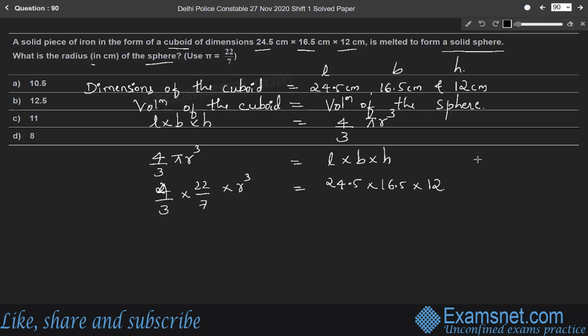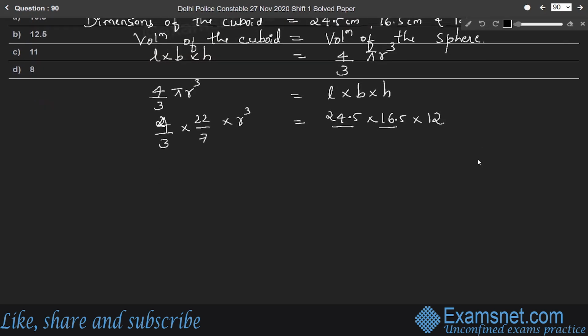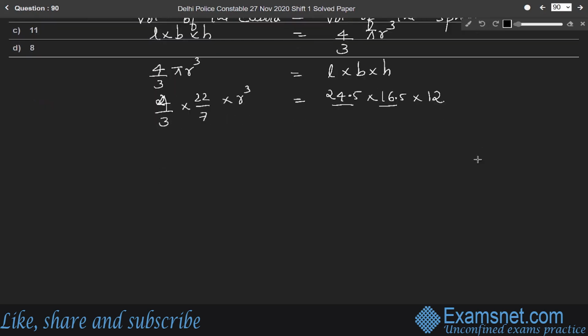Let us express the decimals as whole numbers. So 4 by 3 into 22 by 7 r cube is equal to, let us multiply and divide by 100 so that 24.5 becomes 245 and 16.5 becomes 165. 24.5 into 100 is 245.